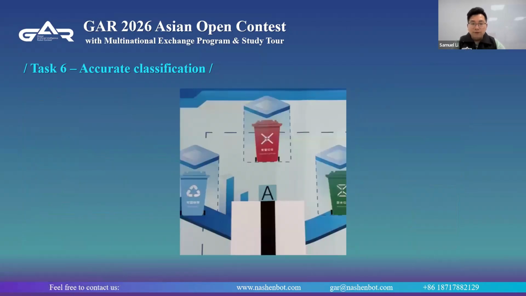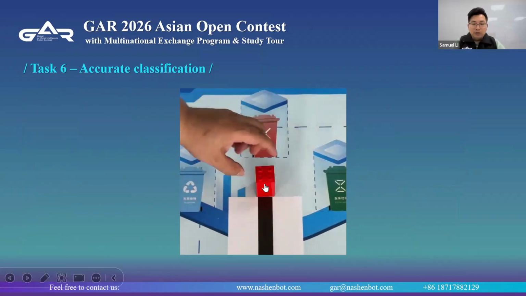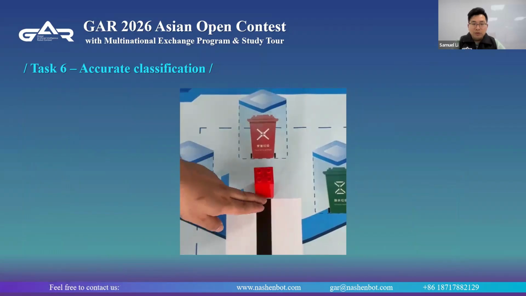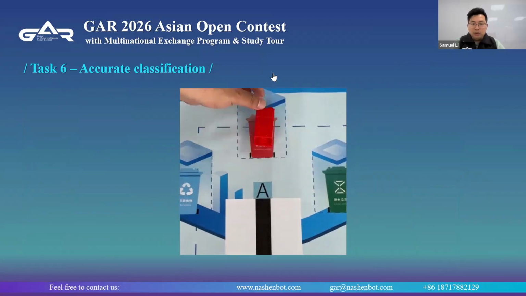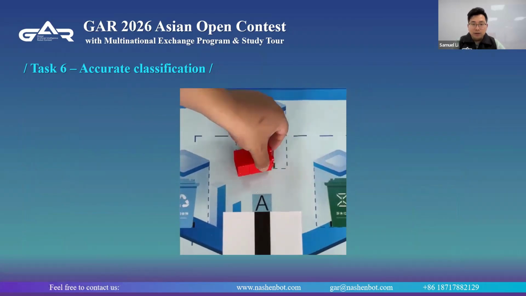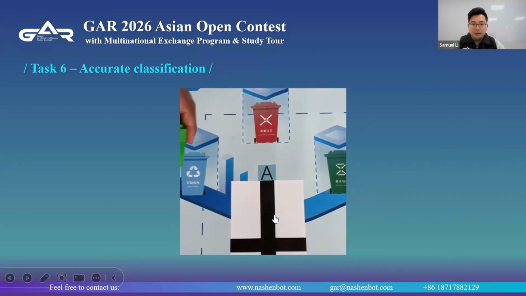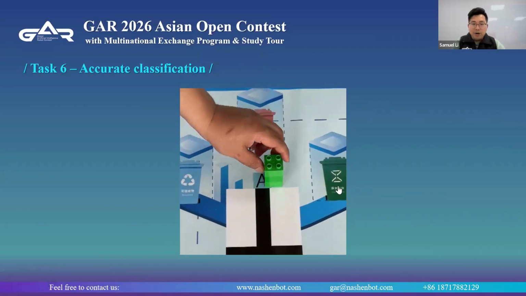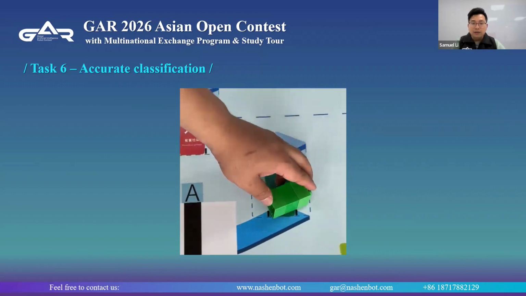Let me show you through a video. If the judge chooses the red one, move it to this area. It's okay, falling down is okay. Just touching this area is okay. And the green one to this area is okay.